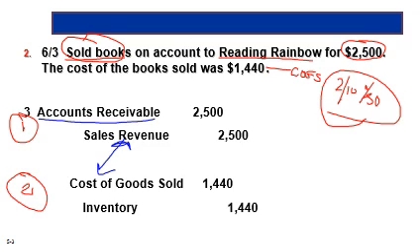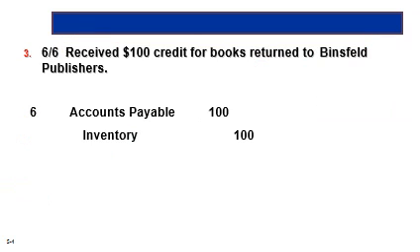Next transaction on 6/6, we're receiving a credit for books returned to Binsfield. Binsfield was the seller, and you might have to go back and look. These are books that we purchased, so books we returned. We were the purchaser.